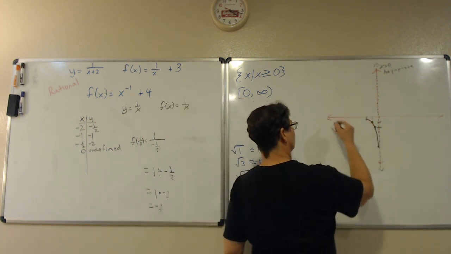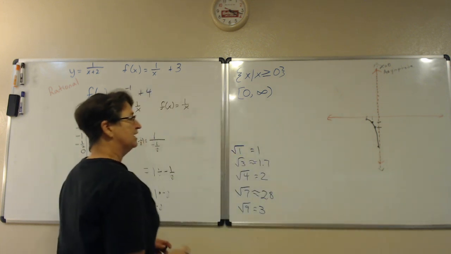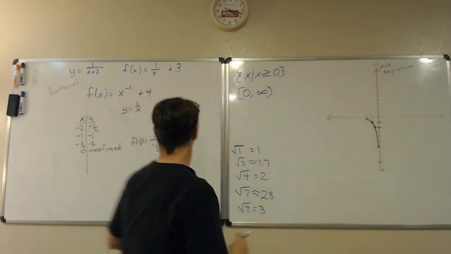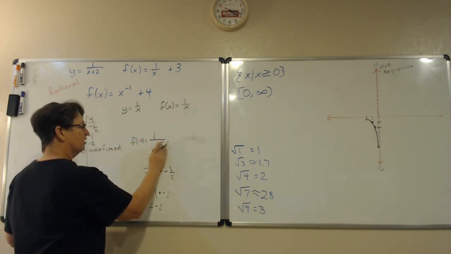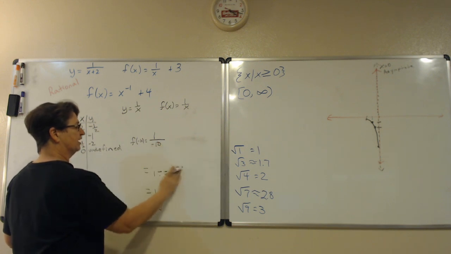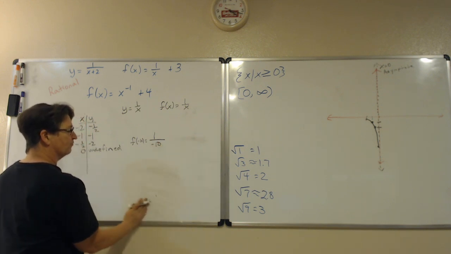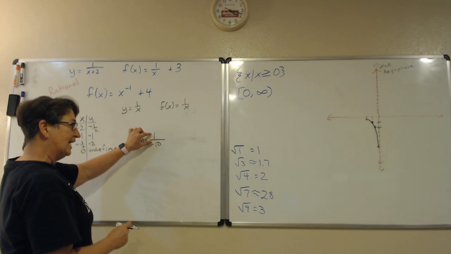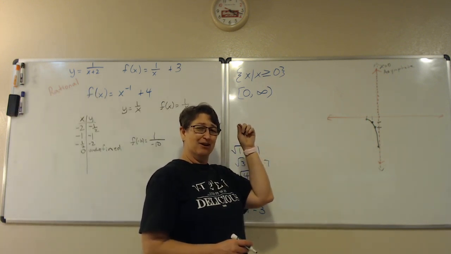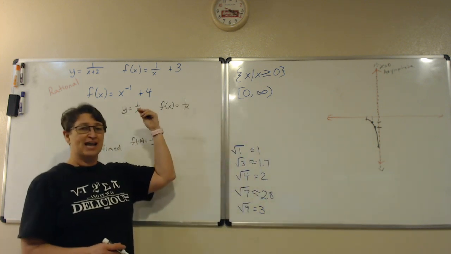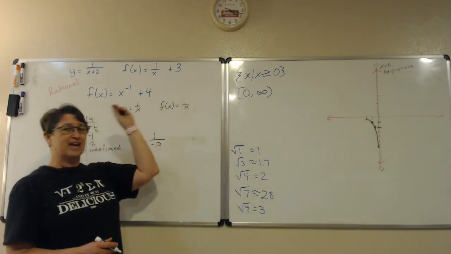Then, going this direction, if I put in a -10 way out here, then my bottom is a -10, and I end up with a -1/10. So I'm getting really little. The further I get out here, I get littler and littler. So picture a -100 or a -1000.